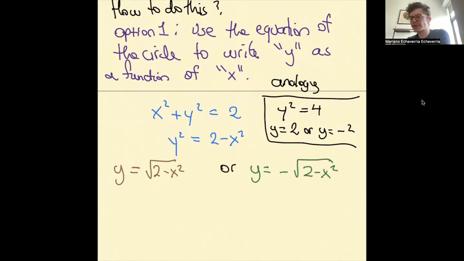But when you take square roots on both sides and you're solving for y, the other option is also possible, where you get a minus in front of everything.